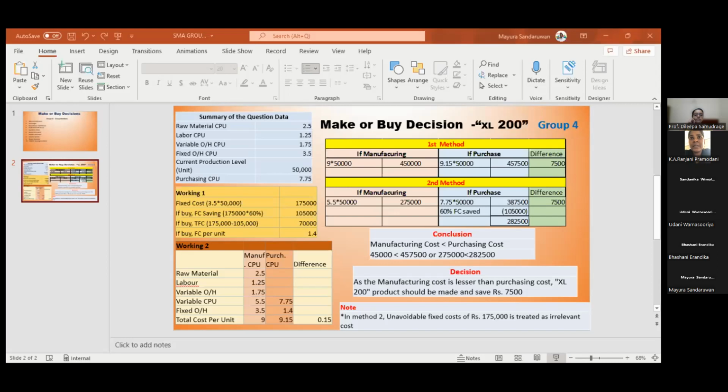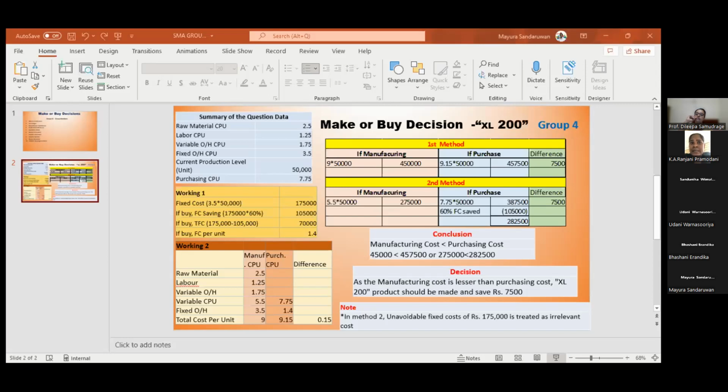In the second method, we consider the concept of relevant cost. If we decide to make the product, the relevant cost is 275,000 rupees. Here, fixed cost is ignored because fixed cost has to be borne whether a product is manufactured or not. If we decide to purchase from outside, the relevant cost is 282,000.